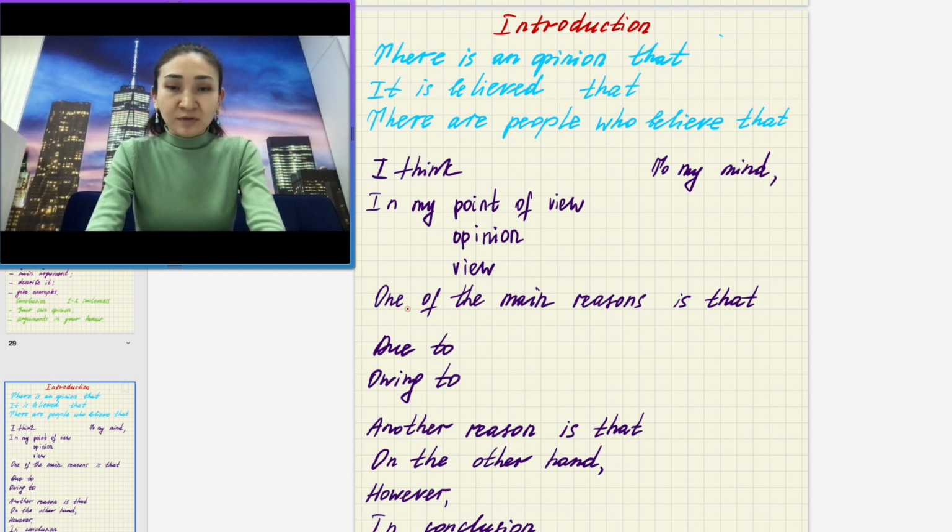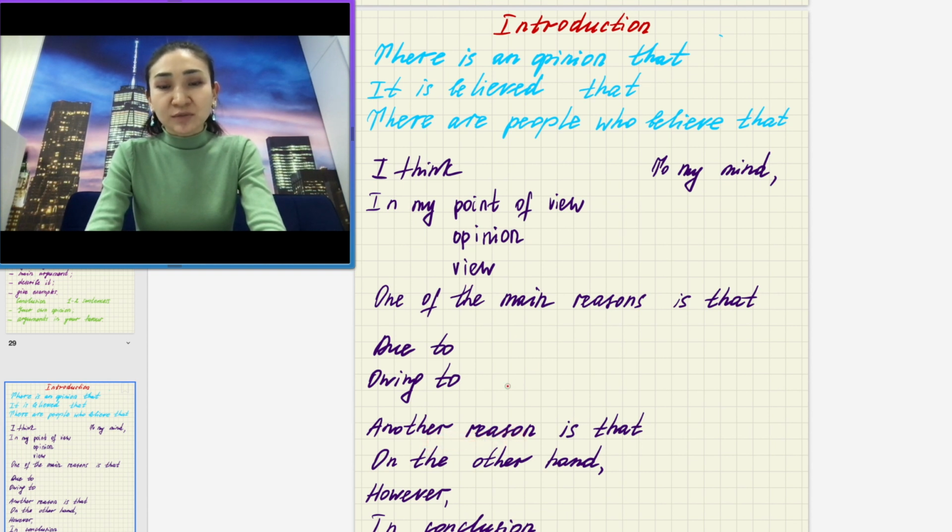So when you write your opinion, further you're going to write your body paragraphs, and there you have to write the reasons why you choose to agree or disagree with the statement which is given in your task. One of the main reasons is that, or due to, owing to. Another reason is that.